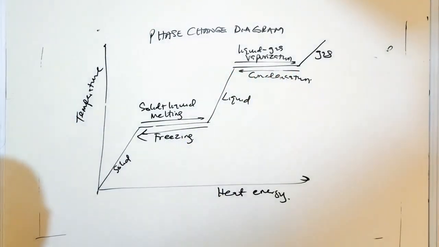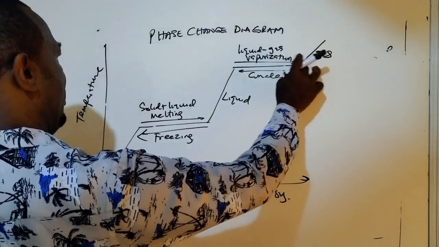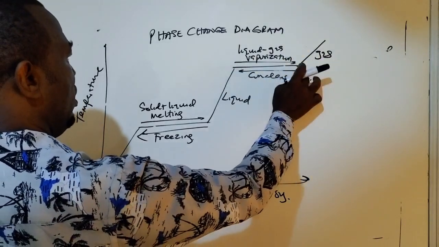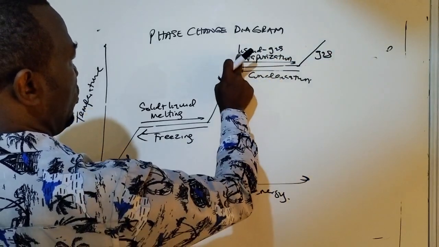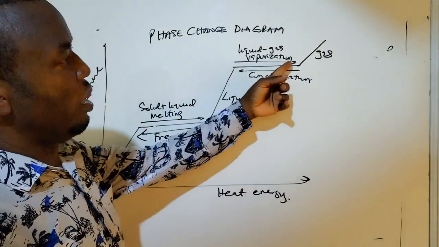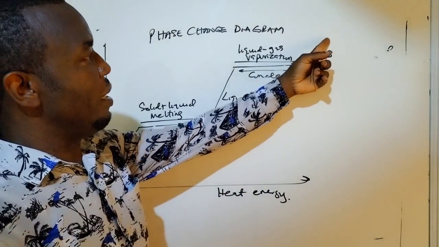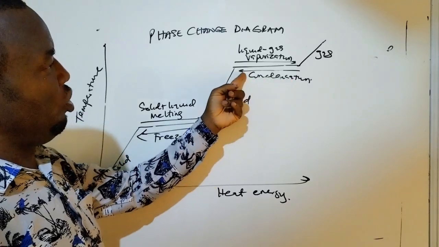At boiling point, it starts going as gas, vaporization. When the liquid is boiling, it is partially liquid and gas. Some molecules have escaped, while some are yet to escape. So vaporization turns liquid to gas, and the opposite, a gas coming back to liquid, is called condensation.